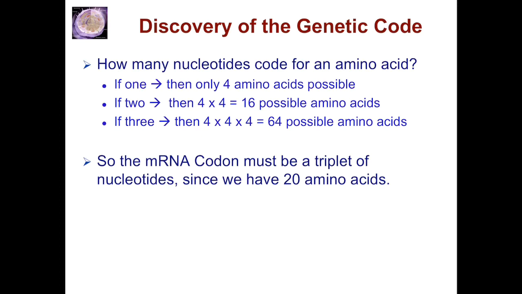So it'd be 4 times 4 gives you 16 different amino acids. Again, that is incorrect because we have 20 amino acids. So then they tried a triplet codon, and that means there's 4 possible nucleotides at every position in the codon. So you would get 4 times 4 times 4, which gives a total of 64 amino acid possibilities, and that works. Since it's over 20 amino acids, that's correct.